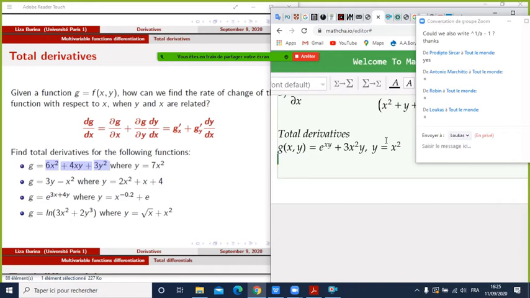Alright, so we could just straight replace. Way one has two steps. Replace y by x squared.